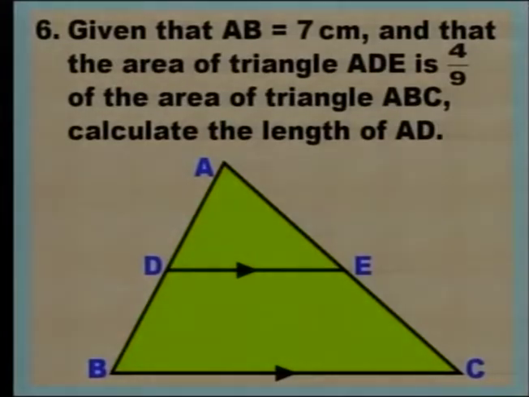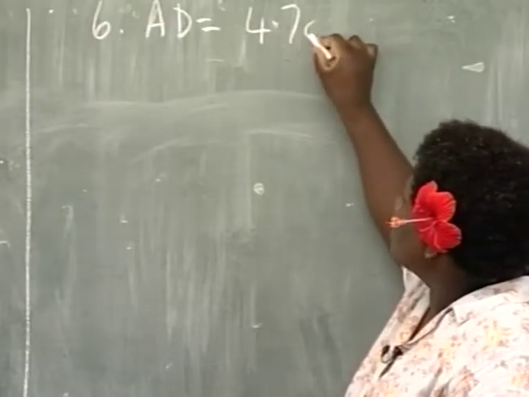All right, let's get some answers again. Taumaku, this time your turn. What's your answer to number 6? The length of AD? AD equals 4.7 centimeters. 4.7?